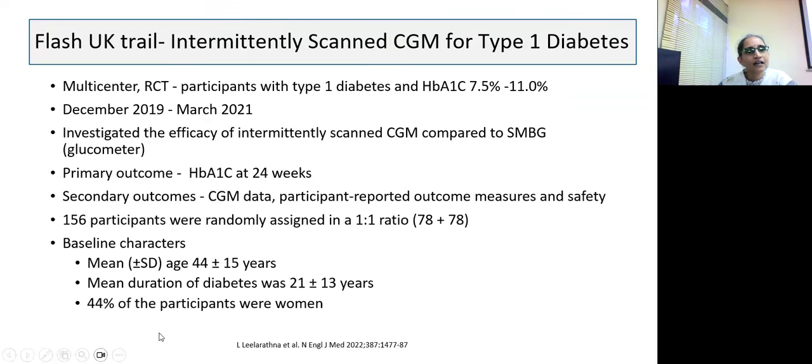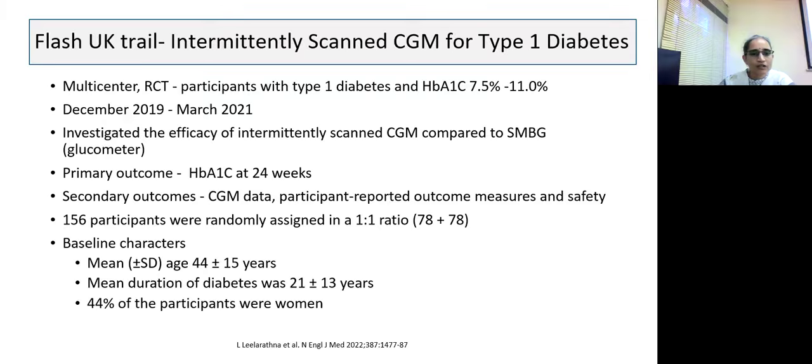So this was a trial in routine clinical practice in the UK, where they looked at the efficacy of intermittently scanned Freestyle Libre sensors and its effect on HbA1c in patients with type 1 diabetes.